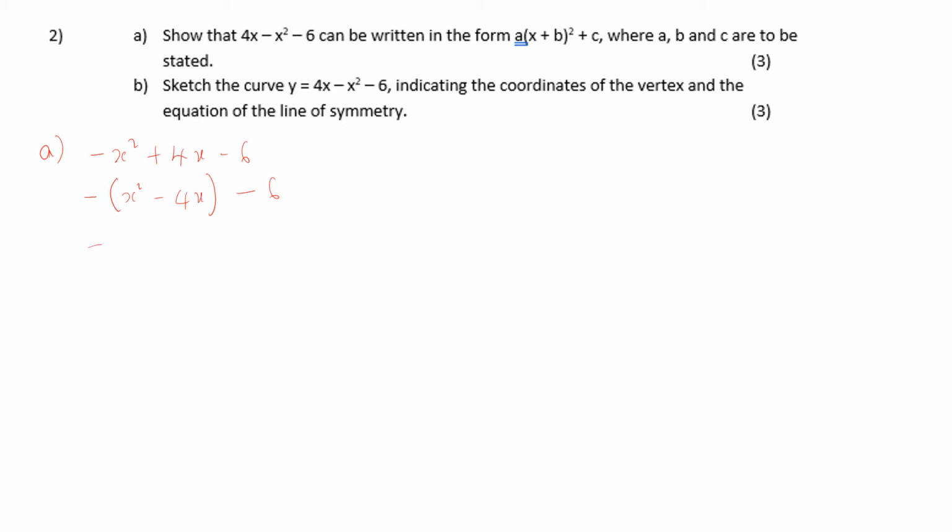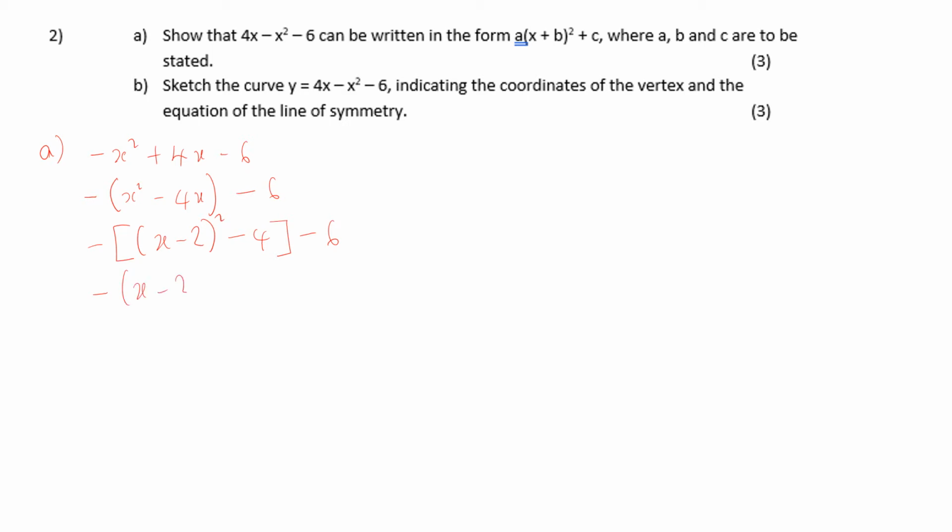Then we've got to complete the square on the bit inside the bracket. So that's going to be x minus 2 squared, and then if you expanded that, you'd get x squared minus 4x plus 4. So you want to get rid of that to compensate for that. So it's going to be minus 4 there. Right, now get rid of these square brackets.